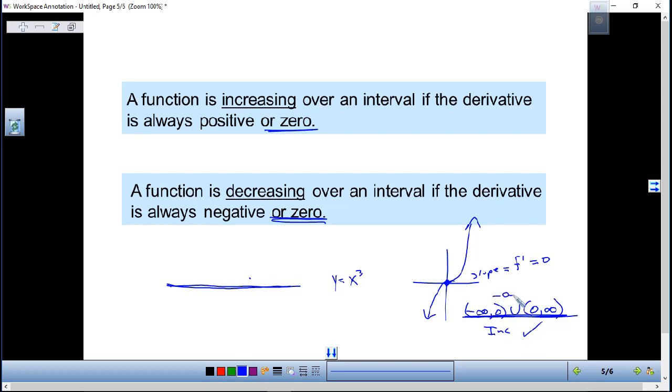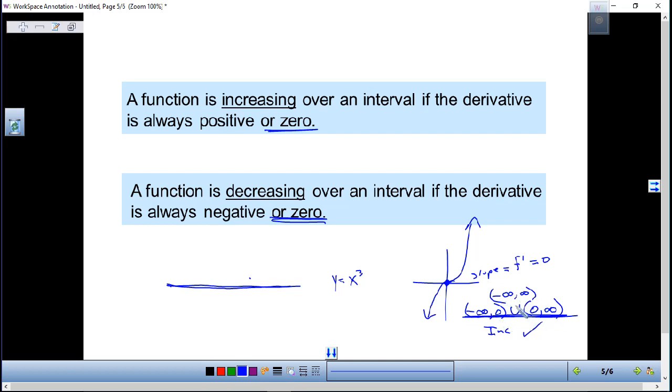They would also give you the credit for negative infinity to infinity if you said that that's where it's increasing, because technically this is increasing for all values because of that 0 point. It's increasing on this side, it's increasing on that side. It just happens to be at one point where it doesn't. So you can either include the 0 in your interval or not include it.